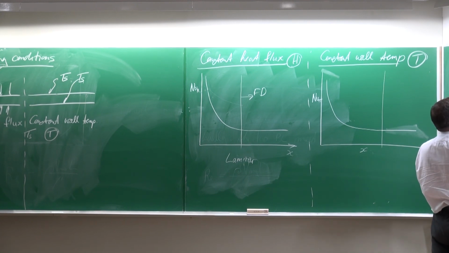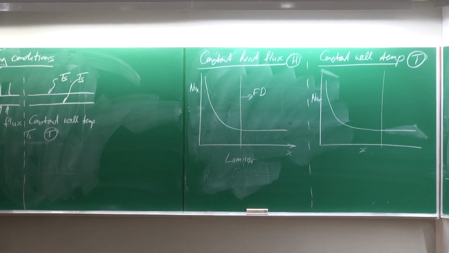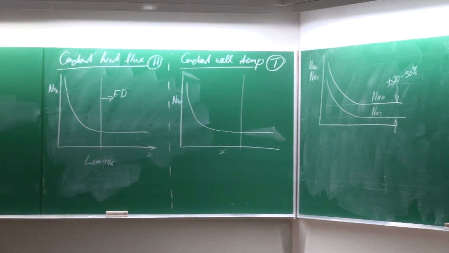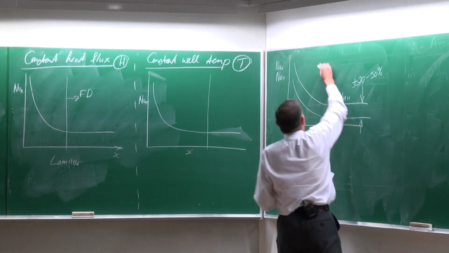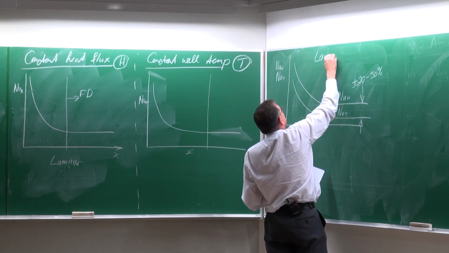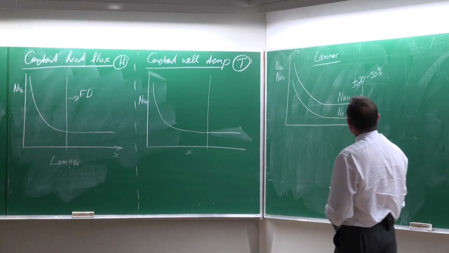So that is Nusselt H and that is Nusselt T, and that difference can be in the order of plus or minus 20 to 30%. Now, that is for laminar flow, okay, for laminar flow.